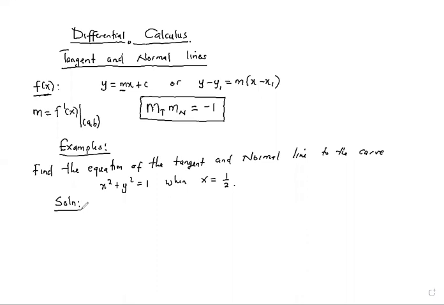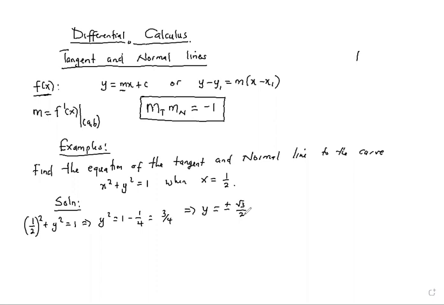We substitute: where there's x, we take half, square it, and then y squared, we get 1. This means y squared is equal to 1 minus 1 over 4, giving us 3 over 4 as y squared. So y is equal to plus or minus the root of 3 over 2.